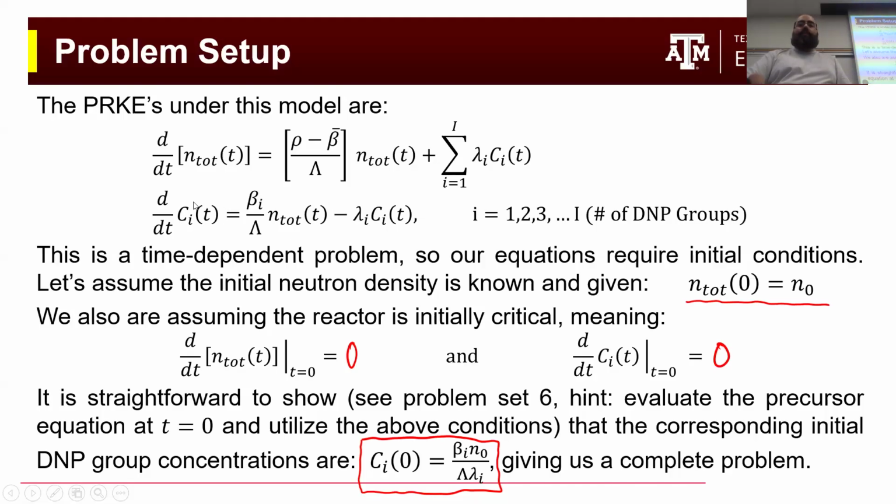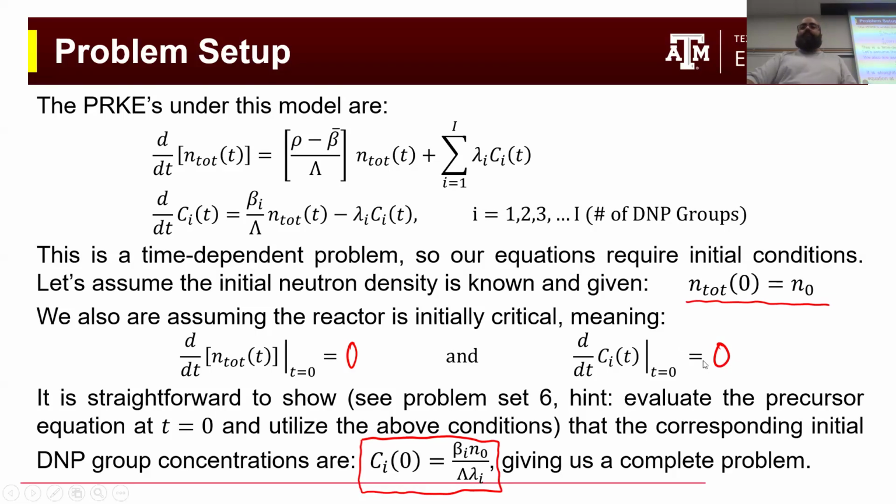So we basically have 0 equals beta_i times n naught over big Lambda minus lambda_i times the concentration evaluated at 0. If we move everything over to get the concentration by itself, taking this term to that side and dividing out the lambda, that's how we would get this. It's a relatively straightforward derivation.